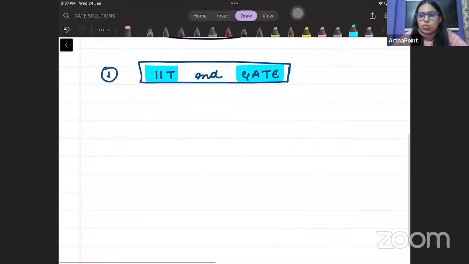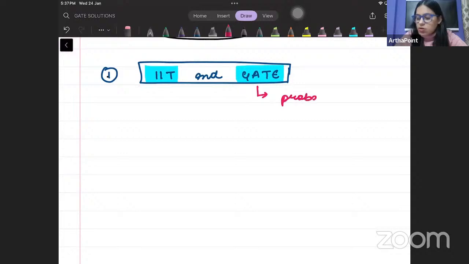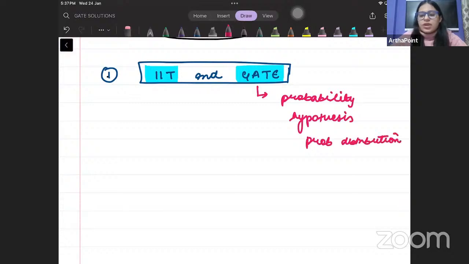If you look into the past year papers of GATE, you will realize that more questions have been asked based out of probability. There have been questions based out of hypothesis testing and some questions based on probability distribution, but not very difficult questions.